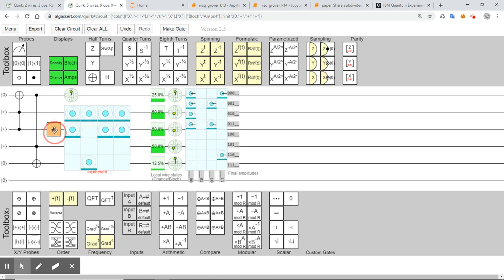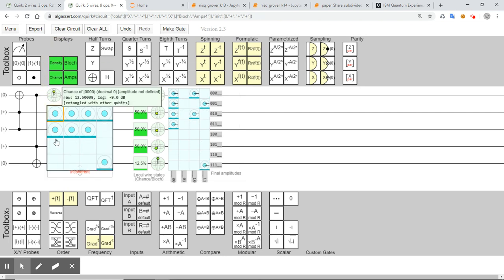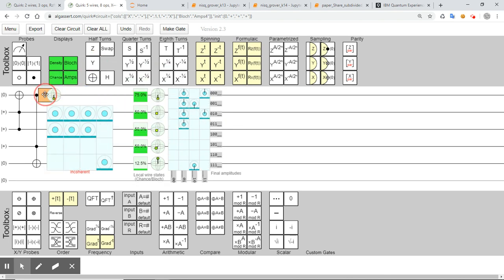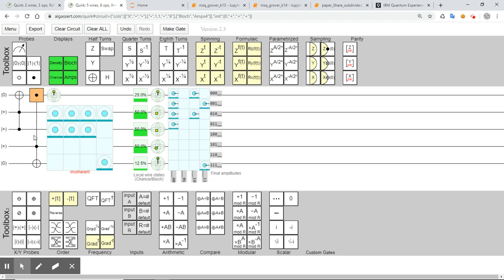How would I be able to see that this affects the target qubit in here?